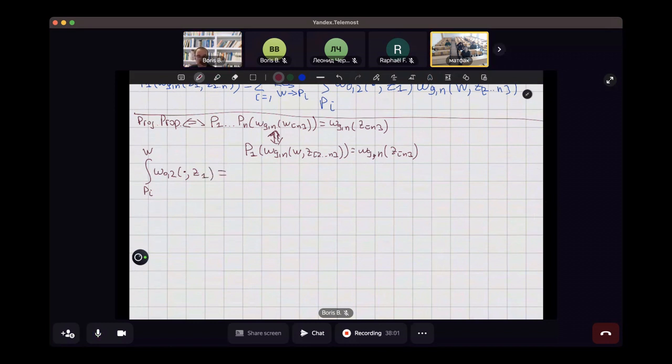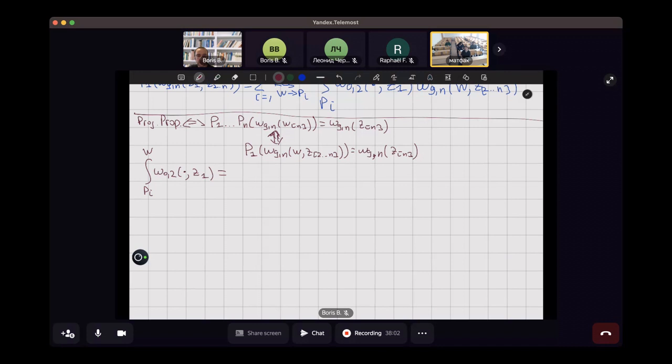In fact, it is the integral from pi to w of dz1 dot over, and we are in the case where sigma equals CP1.